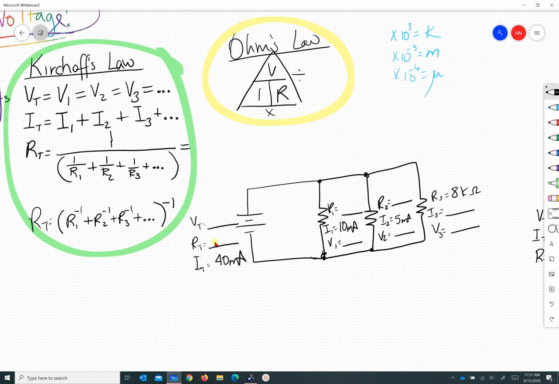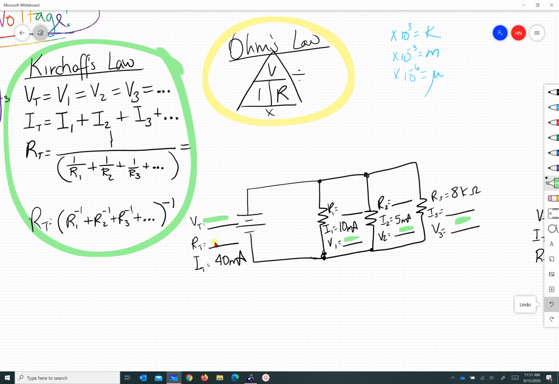The first thing to check is, for me, it's faster to use Ohm's law. Do I have any 2 values that I can plug in that I can figure out the third one? The answer is nope. Ohm's law at this moment doesn't help us. Kirchhoff's voltage law tells me that the voltages are all the same. Do I know any voltages? Nope.